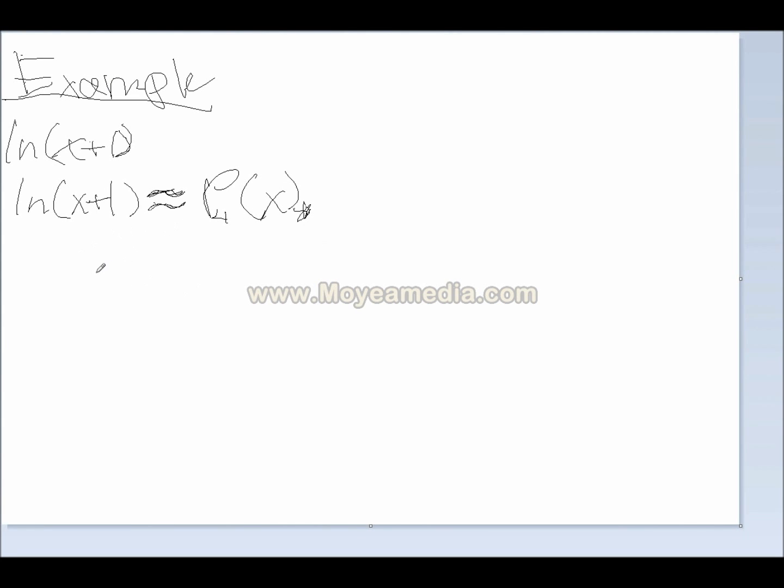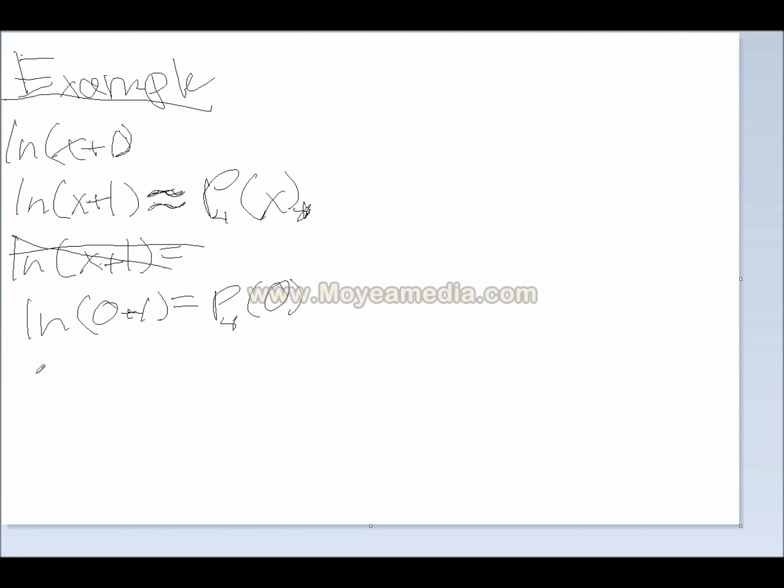Past this, we're going to expand this natural log of x plus 1 is equal to, I'm sorry, we skipped a step. We're going to center this at 0. So, technically, it is a Maclaurin series. And because we're centering it at 0, we can actually state directly that they're equal, because we're going to solve this Taylor polynomial to be equal to this.